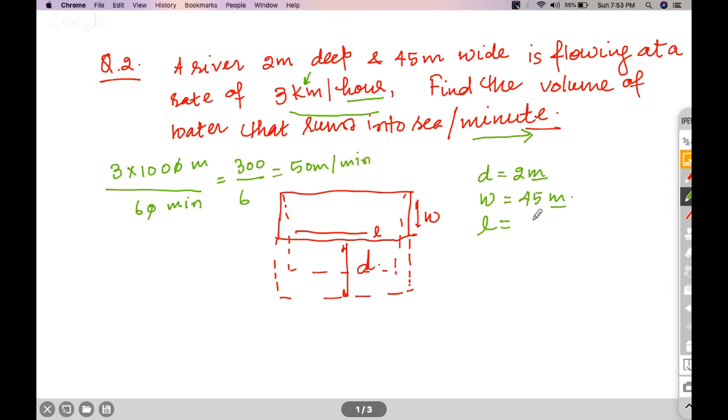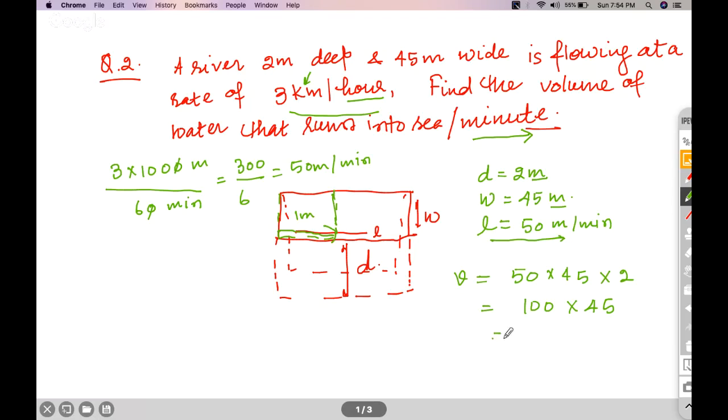So try to understand that in 1 minute, water will cover a length of 50 meters. So let me take the volume. Volume is how much? 50 into 45 into 2. So how much does it come out? This comes out to be 100 into 45, and 100 into 45 is how much?